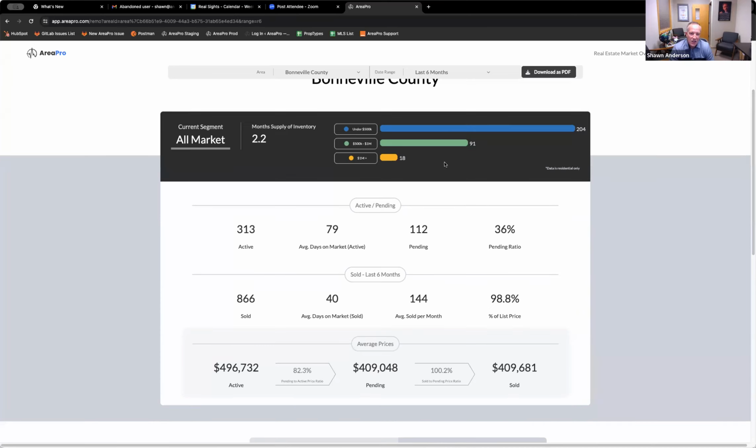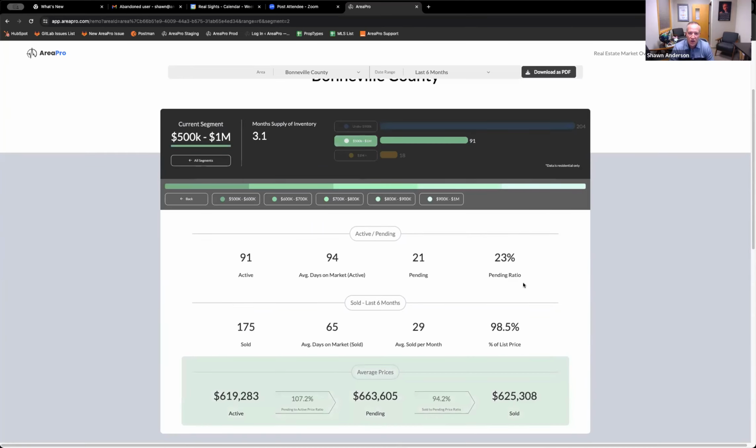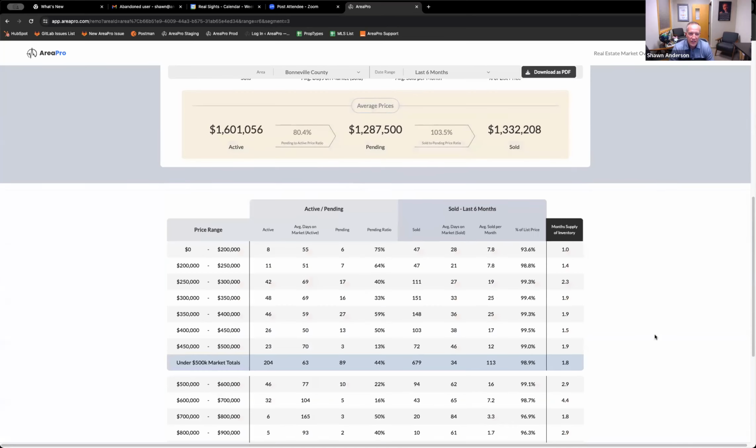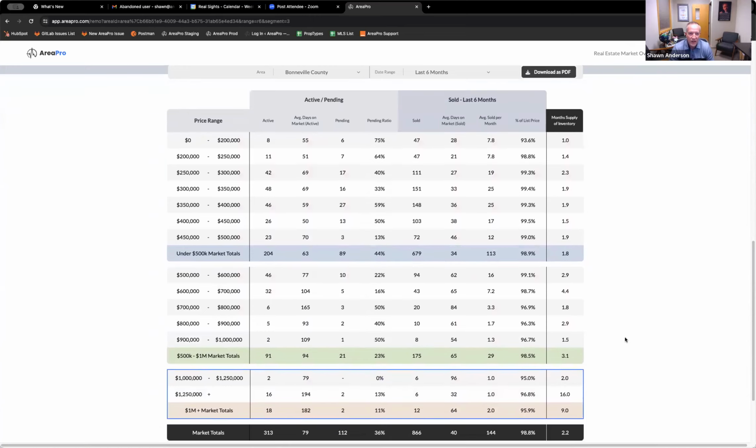And so we pull this up in our listing appointments and buyer consultations, and we walk through it. Sometimes people have a real specific idea when we start what their house is worth, so we can drill in. I start with the very high level and talk about the whole market. But of course, if somebody has a house that's over $1 million in Bonneville County, they're in a very different market than someone that has a house at 350,000.